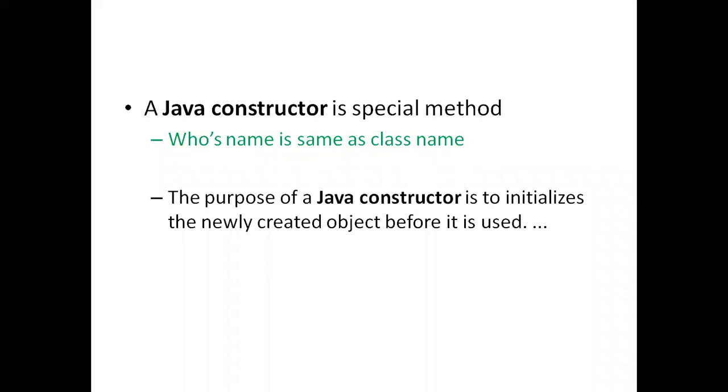Similar to methods, a constructor is also a special type of method whose name is the same as the class name. So in order to say it is a constructor, the one condition is that the name of the method should be the same as the class name.